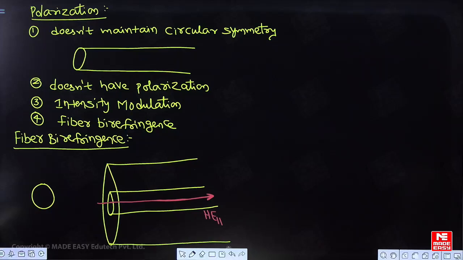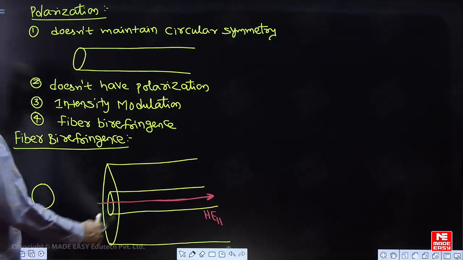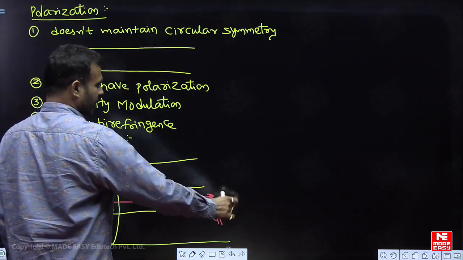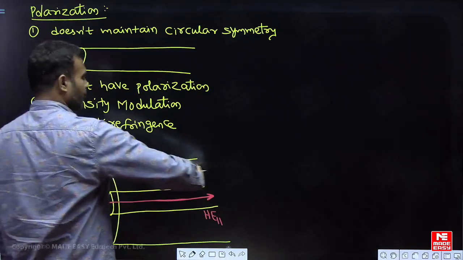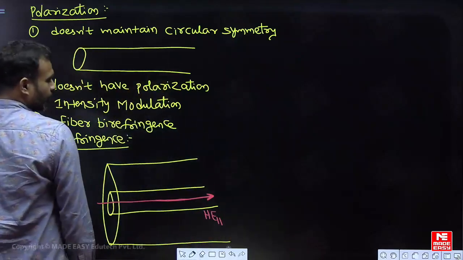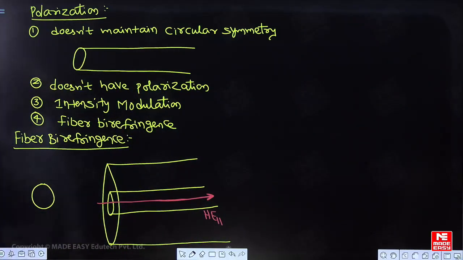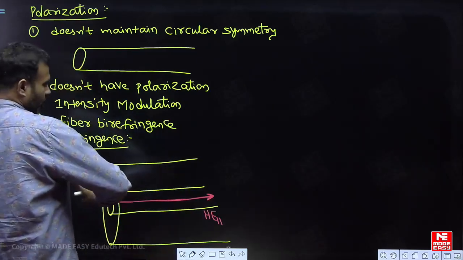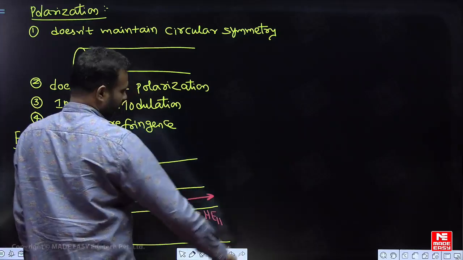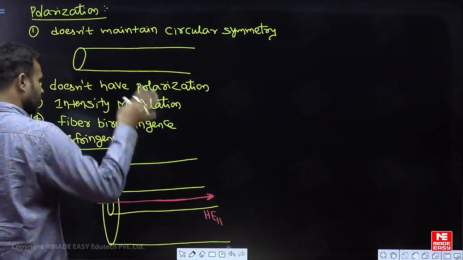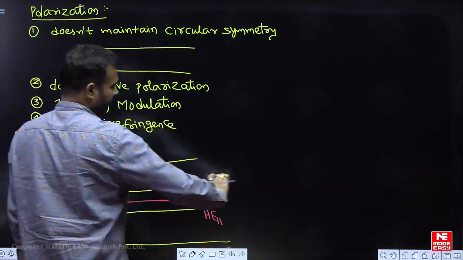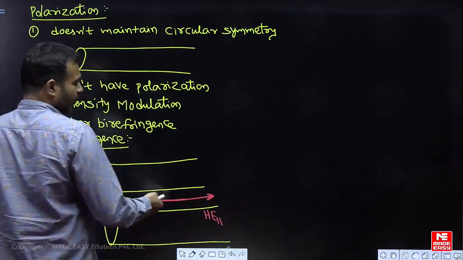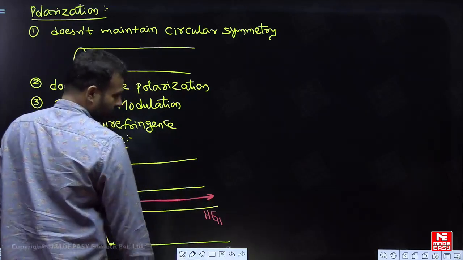But what happens is, because of non-symmetricness, because of the geometric imperfection of the core, because of internal and external stress and strain on the fiber, and fiber bending, this mode cannot travel as a single HE11 mode.